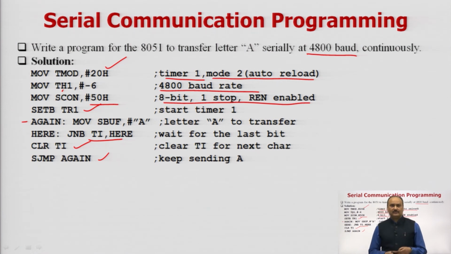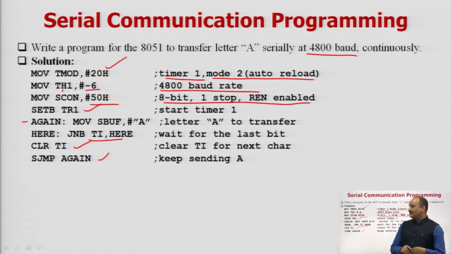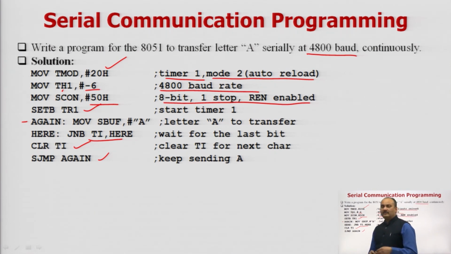For 4800, as given in the question, we load TH1 with the value -6, and configure the SCON register with the value 50H for 8-bit, 1 start and stop bit, and the REN bit of the SCON register. So this is the program required to transfer the character A serially with a baud rate of 4800 continuously.